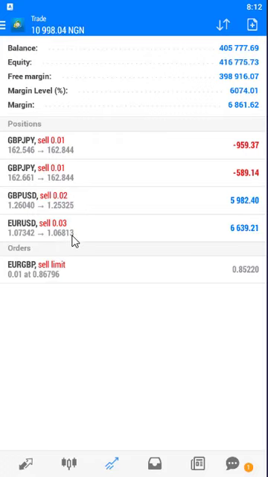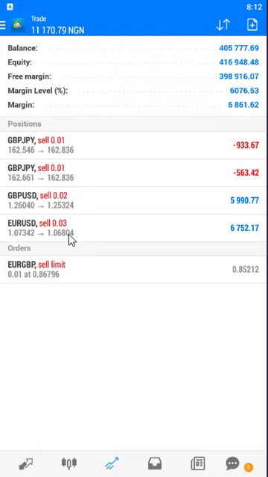So this last digit here, you can see this particular last one here is called the point, right? This last one is called the point. This second to the last one, that is this one, is called the pip. And in trading, please, you might want to write it down now. 10 points equals 1 pip. Please write it down. 10 points equals 1 pip.